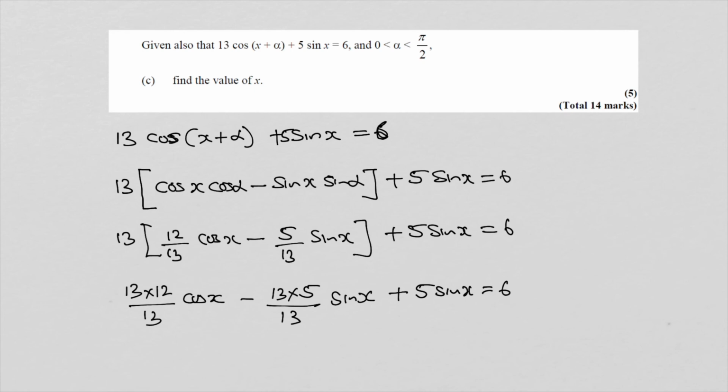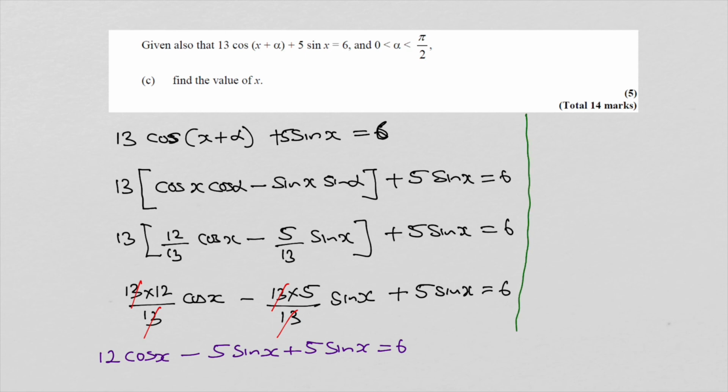So what do I get here is 13 cancels 13, 13 cancels 13, so I get 12 cos x minus 5 sine x plus 5 sine x equals 6. And therefore, the 5 sine x cancels, that will be 0.